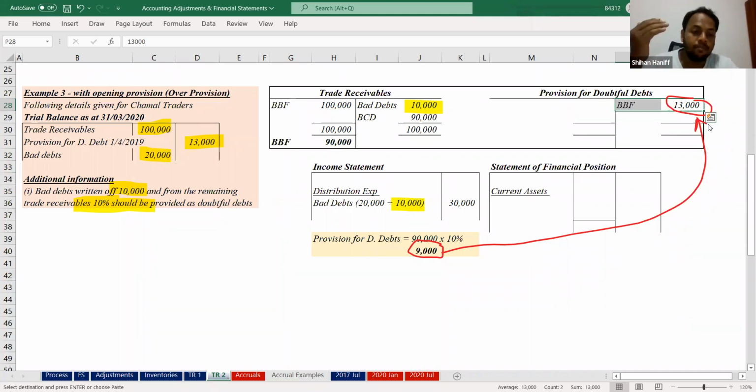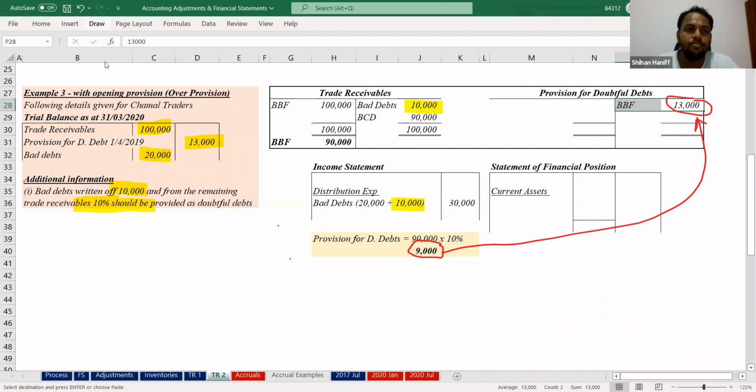Previous year provided 13,000, but this year it should be 9,000. So how much is over provided?